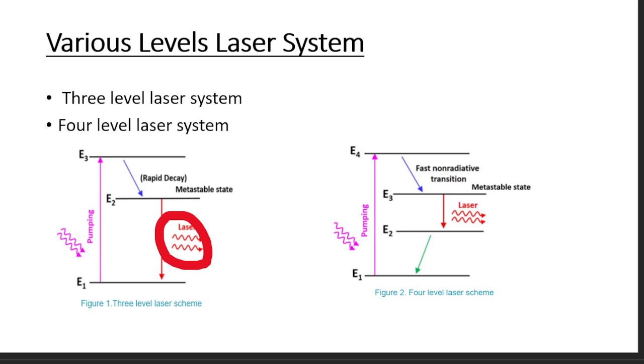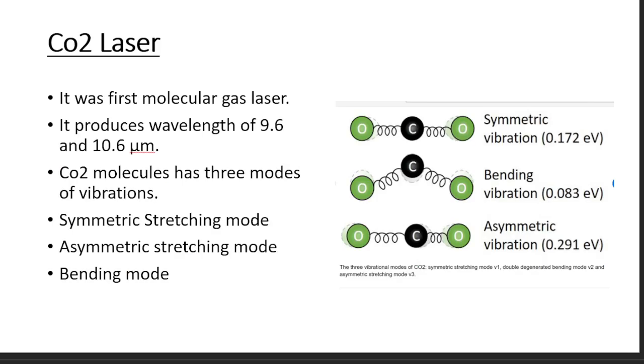This is a fast non-radiative transition between E4 and E3. The actual laser formation takes place in the transition from E3 to E2, and again from E2 to E1 it is a non-radiative transition. The three level laser system is observed in the ruby laser, and the four level laser system is observed in the Nd:YAG laser. Nd:YAG is neodymium-doped yttrium aluminum garnet laser.